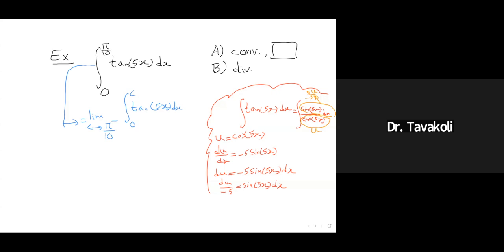So using this substitution, let's see what the integral will be equal to. It will be the integral of 1 over u du over -5. -1/5 can be pulled out of the integral.